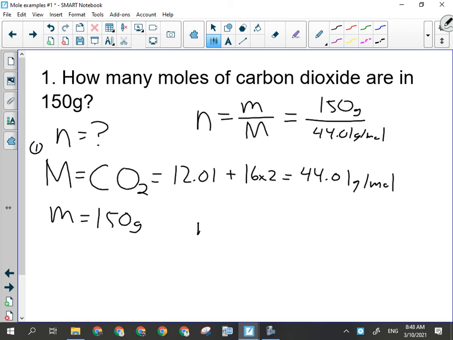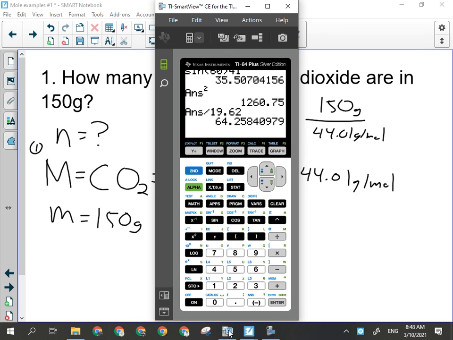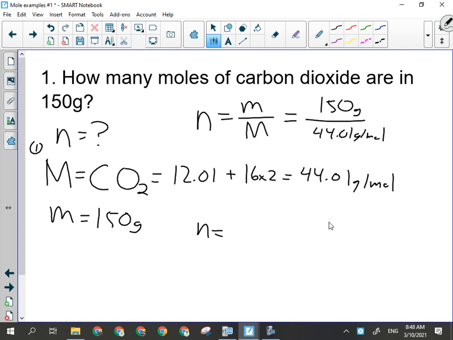That'll give me N. So 150 divided by 44.01. We're looking at 3.41 moles.